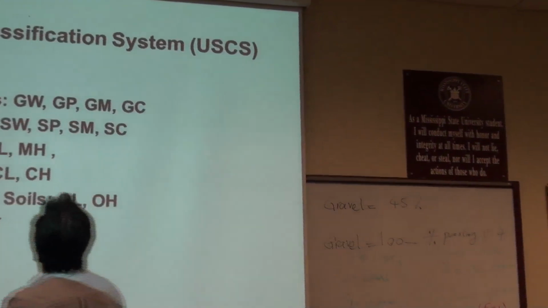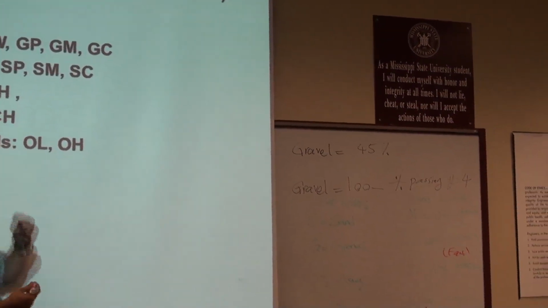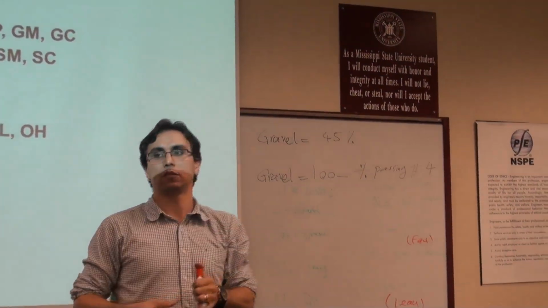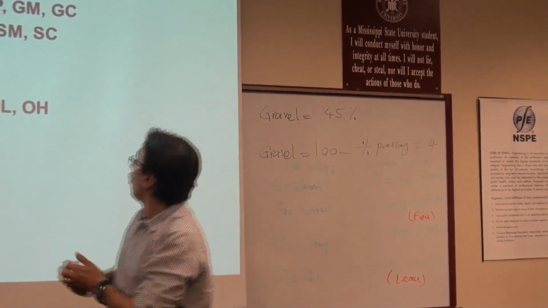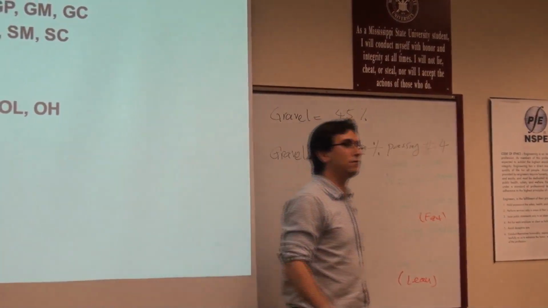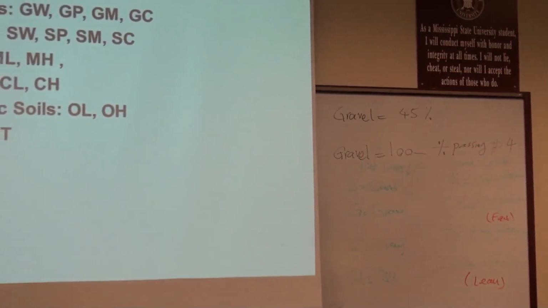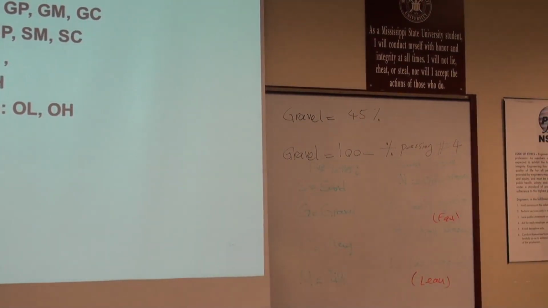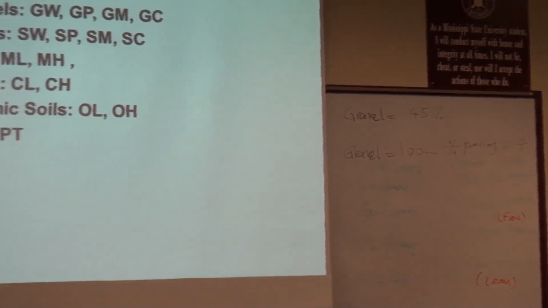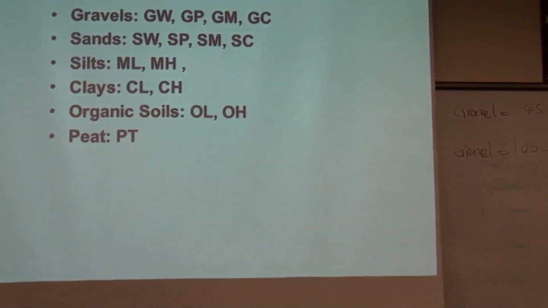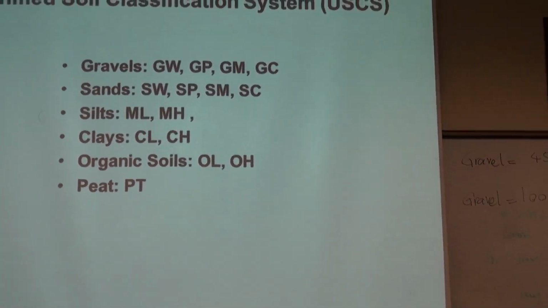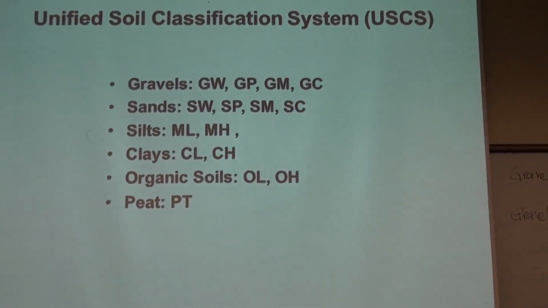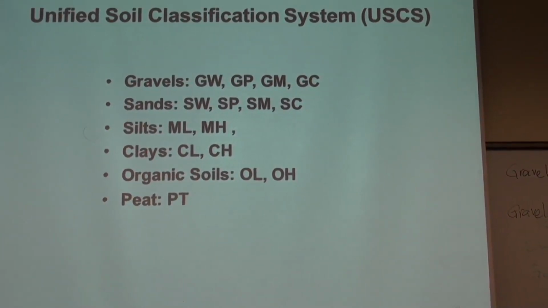How about MH? Silt. OL, I didn't mention O. O stands for organic soil. Organic soil, the only way that we can say if it's organic or not is you have to dry your soil and run a liquid limit test. If you see a major change in your liquid limit after drying your soil, it's organic.